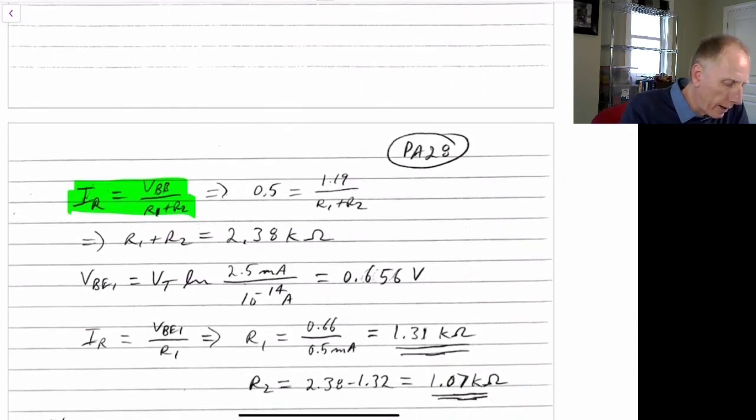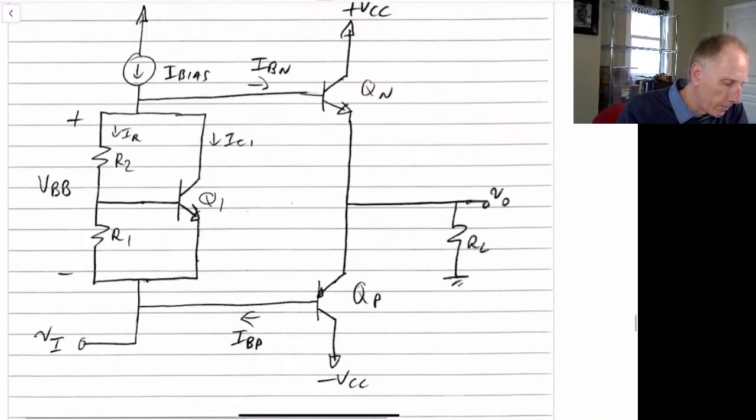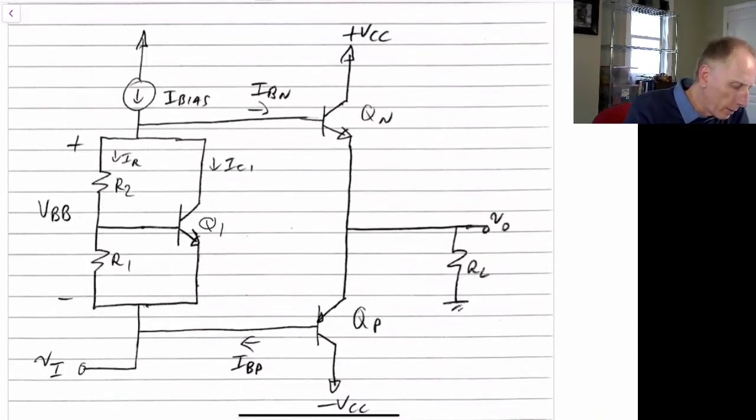So we have that IR, the current through these two resistors, is just equal to VBB divided by R1 plus R2.